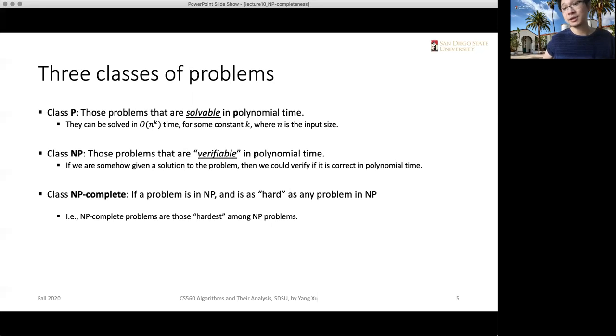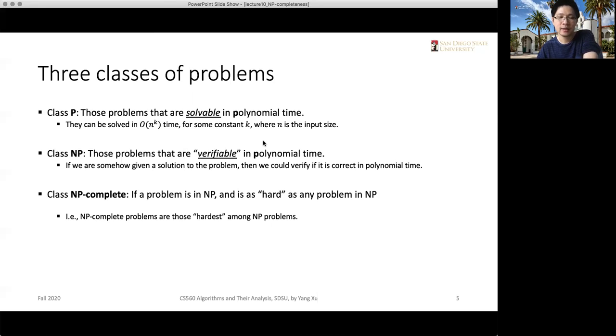So this is how we define NP-complete. Although currently it's still a vague definition, we basically need to use the first two classes, P and NP, to define the third type, NP-complete. Basically, NP-complete plus P will complete the total NP set. So that's where the name comes from.